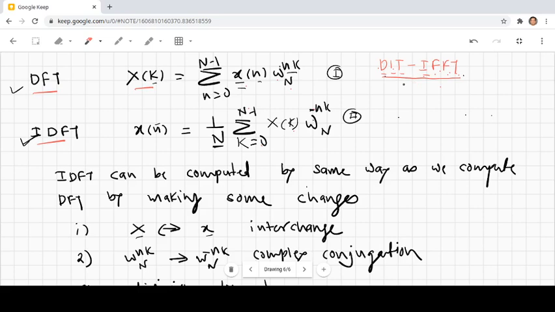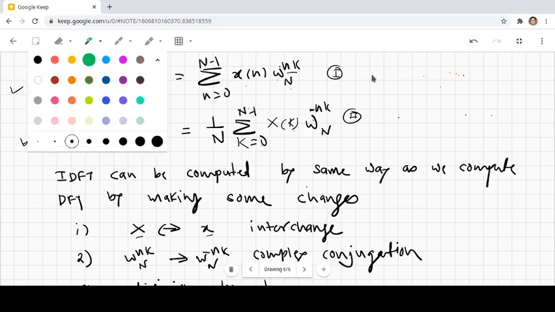For that reason, I have written the DFT equation and the IDFT equation once again. These are the standard DFT and IDFT equations. Now we have already studied the matrix formulation of DFT and IDFT, so please remember that equation.